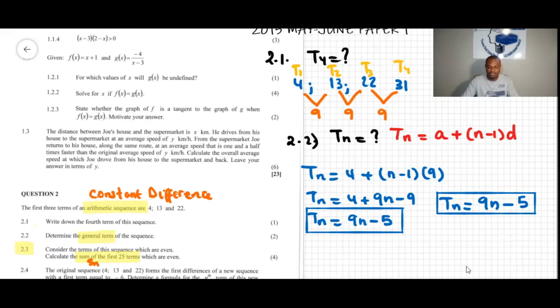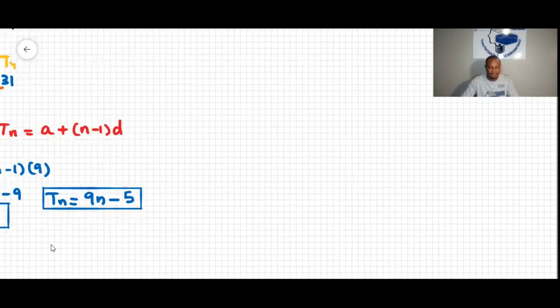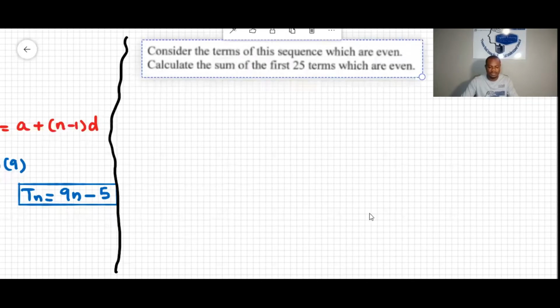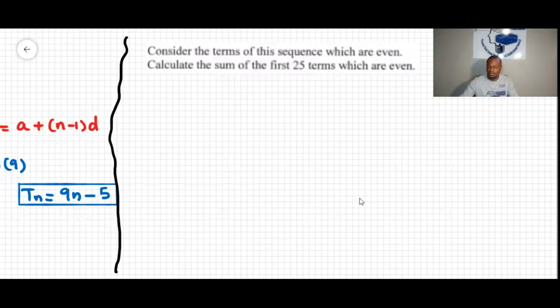Okay, so now let's move this a little bit and draw a line to separate the new work from the previous one. All right. I'm going to paste the new work here so we can also have it over here. This is question 2.3.